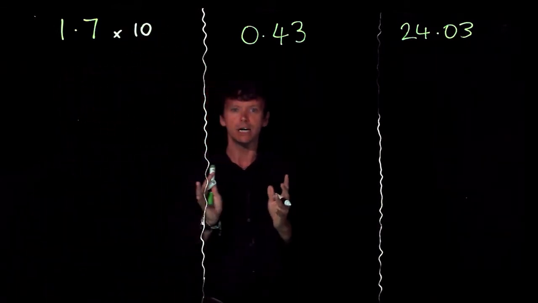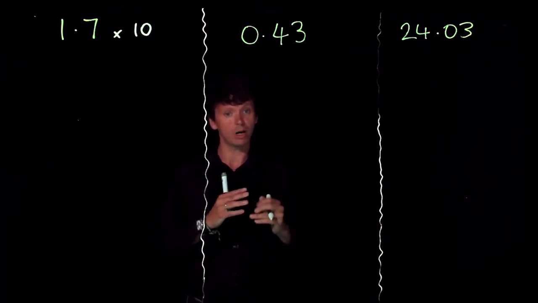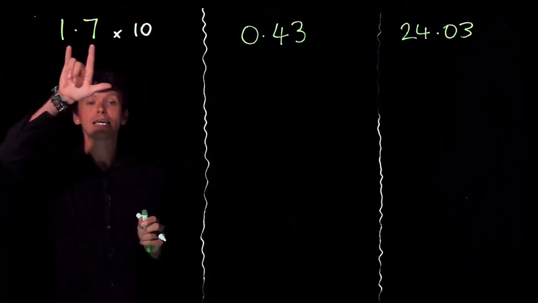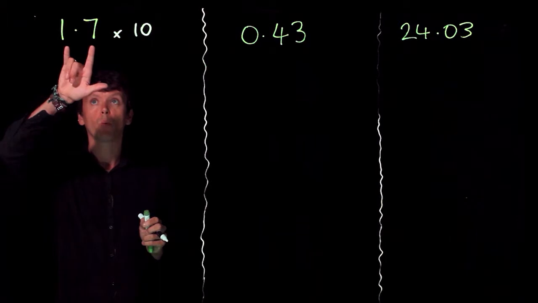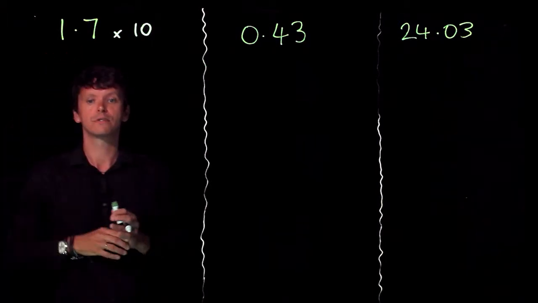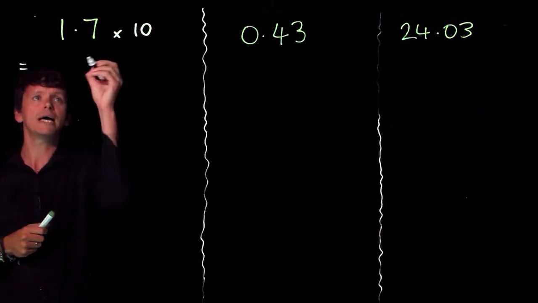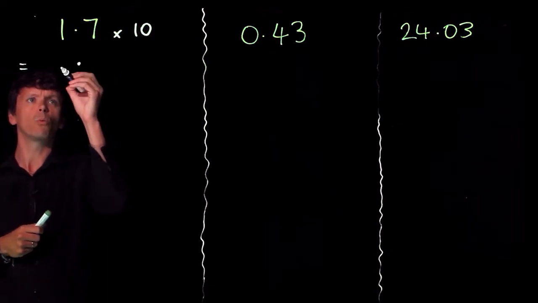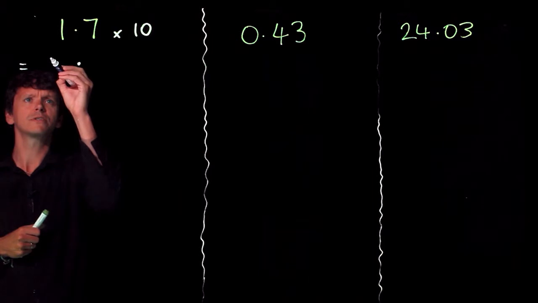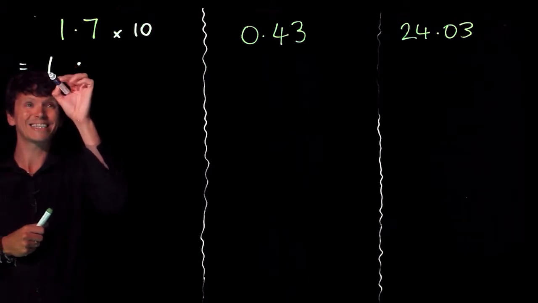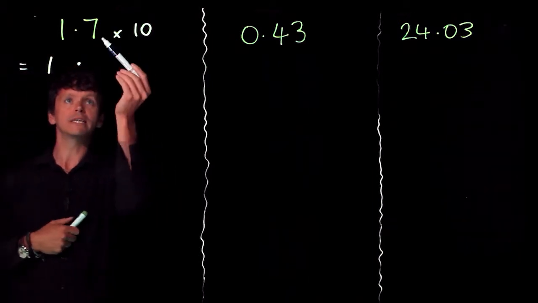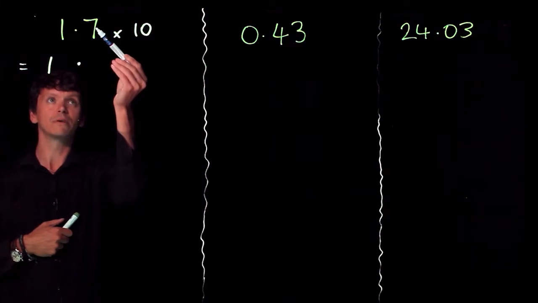In a previous video, we looked at how when you multiply by 10, effectively you're taking these digits and moving them one place to the left. So 1.7 multiplied by 10: let's move the 1 one place to the left, and it goes into the tens column. We also need to move this 7.